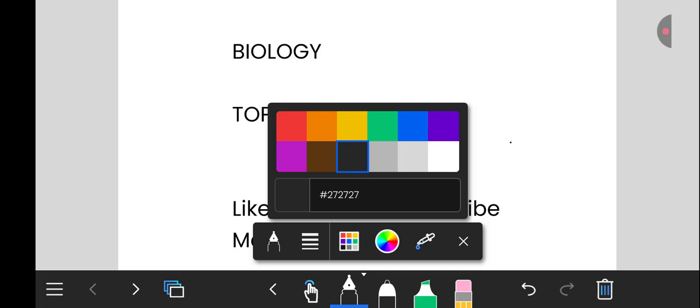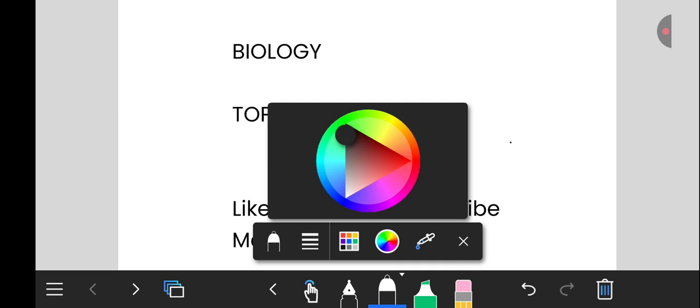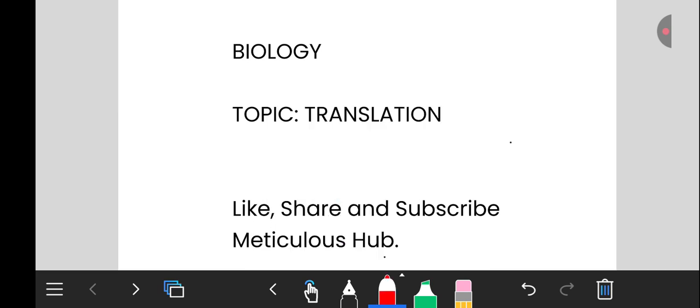So this is basically what we are looking at. Now, that is the grammatical meaning of translation. Now let's look at the biological interpretation of translation. What is translation in biology?